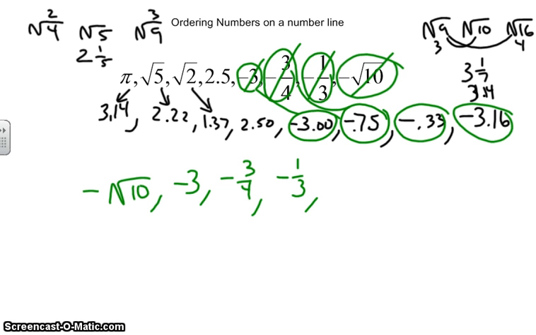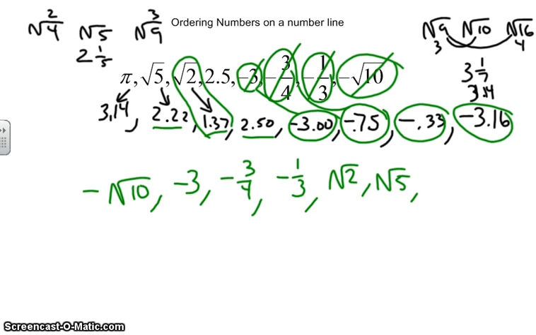Now we find the smallest positive number, which is 1.37, which also corresponds with the square root of 2. Oops, my board's messed up for 1 second. Let me get it back. Square root of 2. Okay, let's look at the next thing. 2.22 is smaller than 2.50, so the square root of 5 would be my next smallest number.